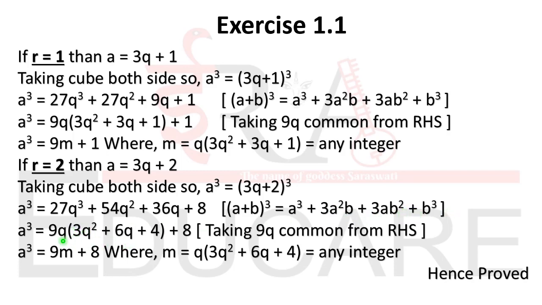Taking 9 as common, right? So you get 9 times 3q cube plus 6q square plus 4q, plus 8, right? So again we replace 3q cube plus 6q square plus 4q with m, and you get 9m plus 8. So hence proved that the cube of any number is in the form of 9m or 9m plus 1 or 9m plus 8.